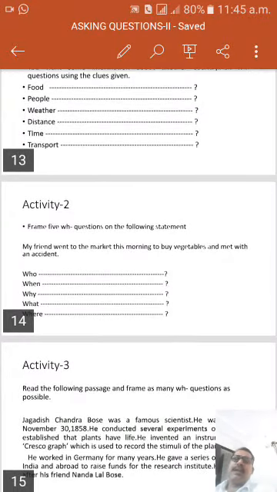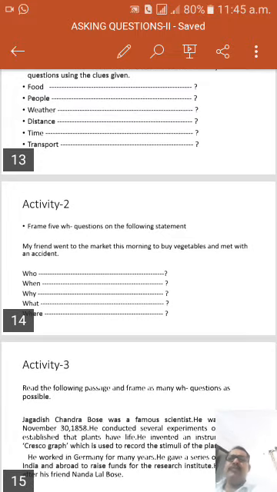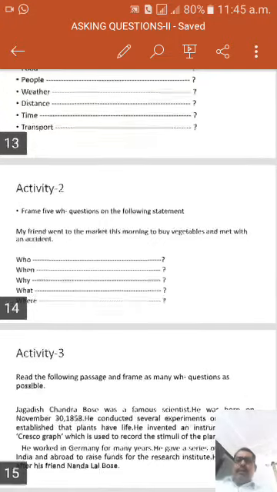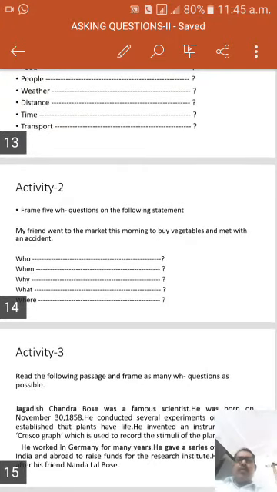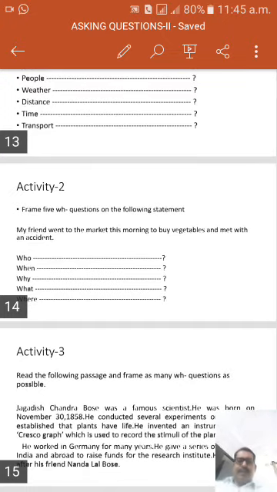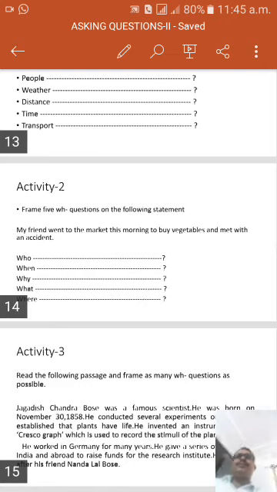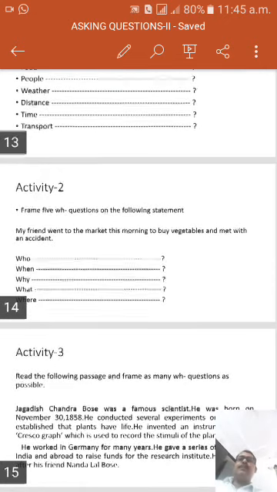In the next activity, one statement is given. The statement is, my friend went to the market this morning to buy vegetables and met with an accident. It is just one statement. Based upon this one statement, we can ask 5 WH questions like: who went to the market?